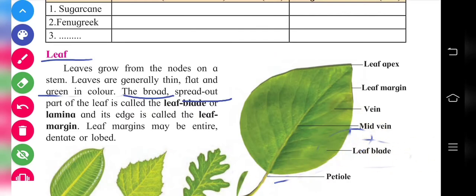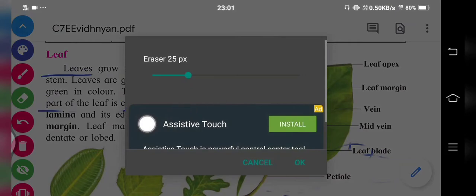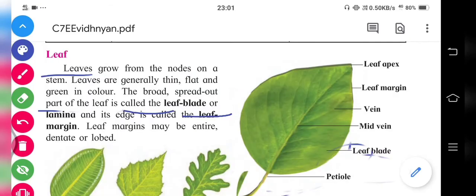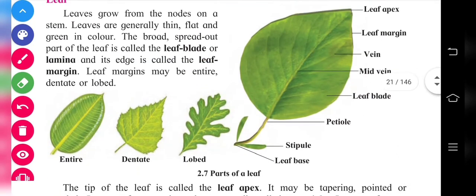What is broad spread out? Broad means very large in size, spread out means outside, and this part is called leaf blade or lamina. The edges are called the leaf margin.